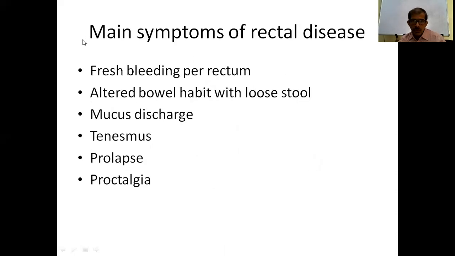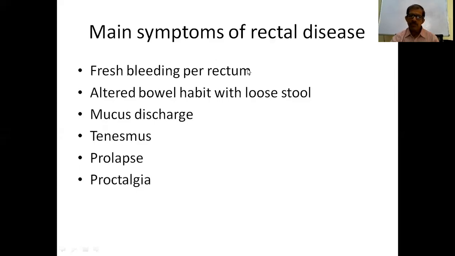Now let us go to the symptoms of rectal disease. The most important, all of you know, is bleeding. That bleeding is fresh bleeding, so bright red blood. If the patient is complaining of it, it is from the anorectum. It is a very important symptom.